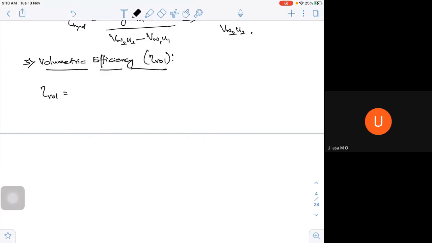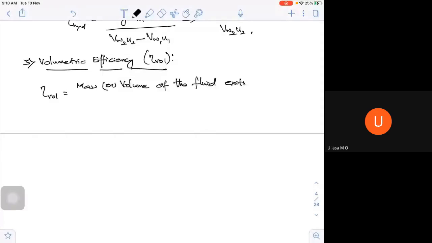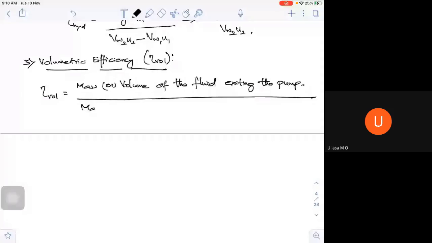I can write it as the volume of the fluid exiting the pump to the mass or volume of the fluid entering the pump.